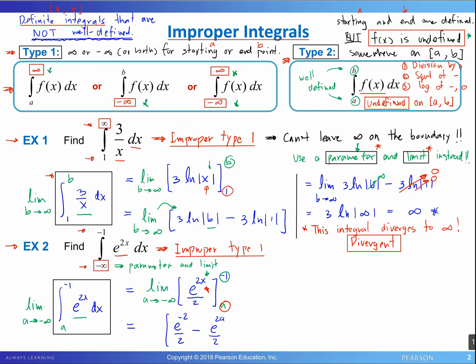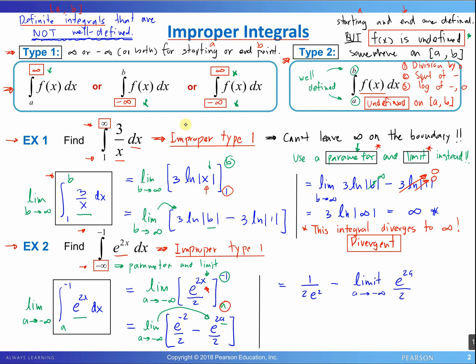And now we have the limit, a goes to negative infinity, which only applies to the back term with a. And now we got 1 over 2e squared minus the limit of e to the power of 2a divided by 2 when a goes to negative infinity.